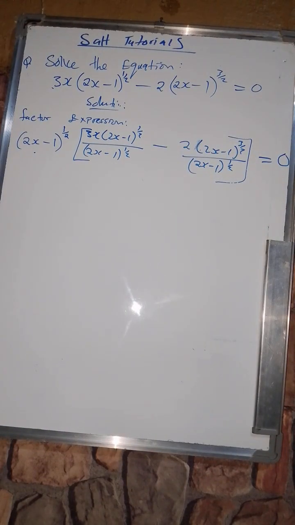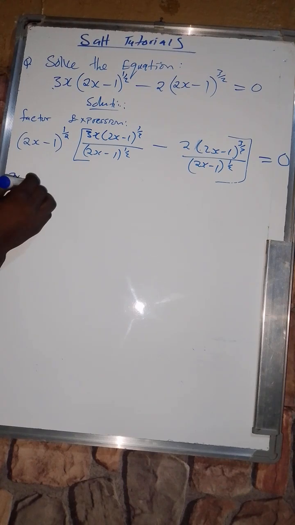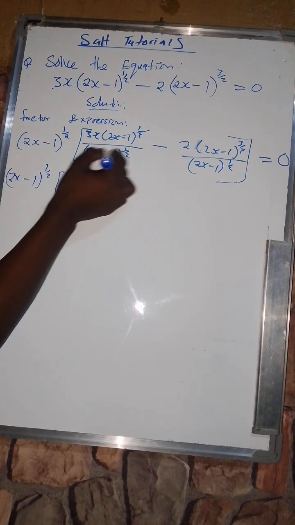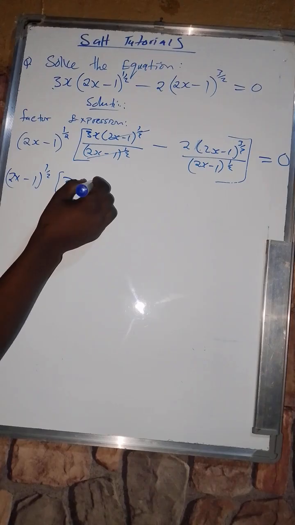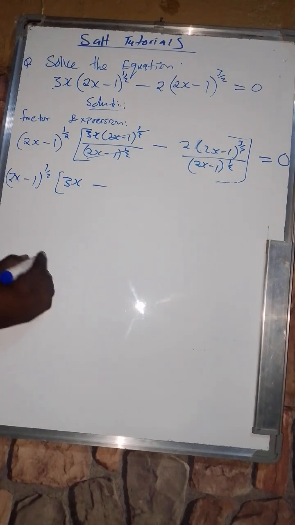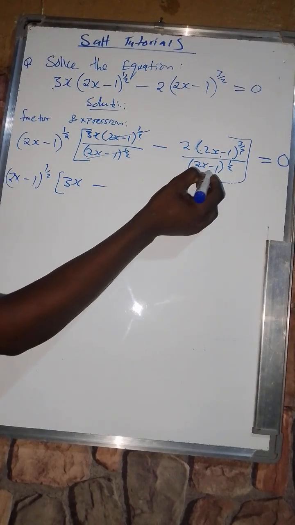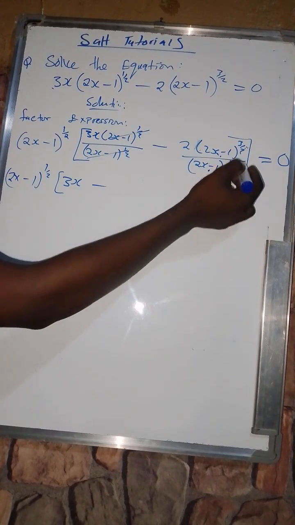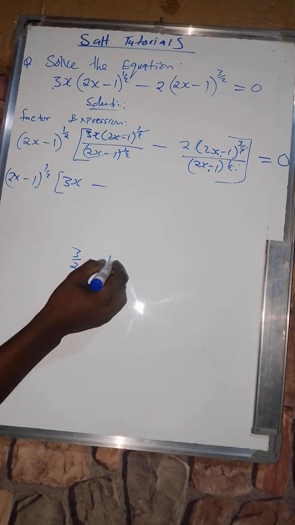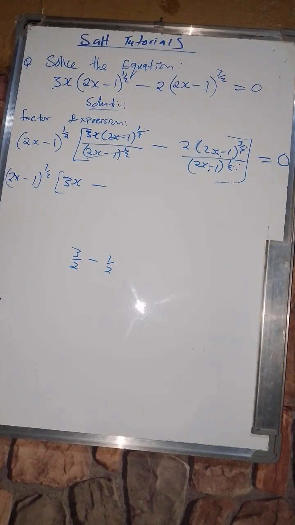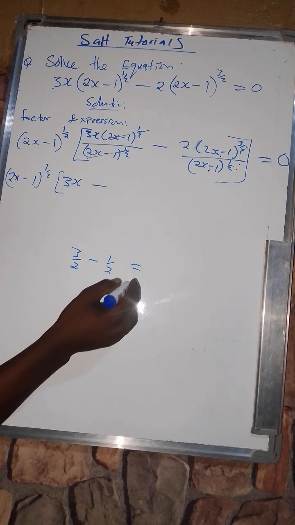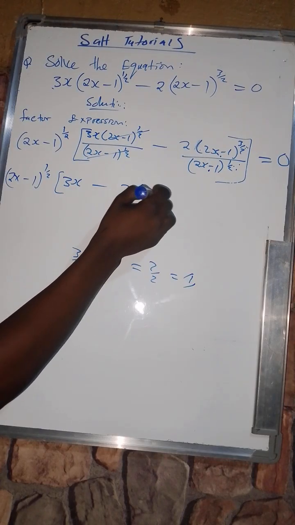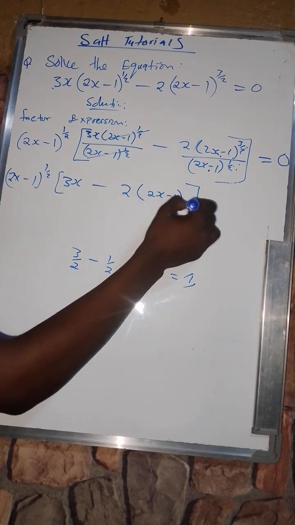So we have (2x minus 1) to the power 1 over 2, open bracket, this and this cancel, and remain 3x minus, when you divide this by that, we can use the indices property, because this is the same base but different powers. So we just subtract these powers: 3 over 2 minus 1 over 2, giving me 2 over 2, which is just 1. So I'm going to have 2x minus 1 to the power 1, closed. This should be equal to 0.